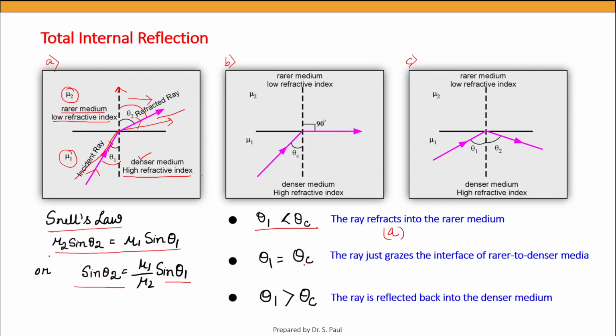When theta 1 is equal to theta c, the ray just grazes the interface of the denser and rarer medium. And when theta 1 is greater than theta c, you can see the ray is reflected back into the denser medium. This phenomenon is known as total internal reflection.